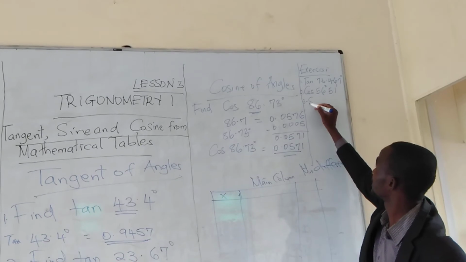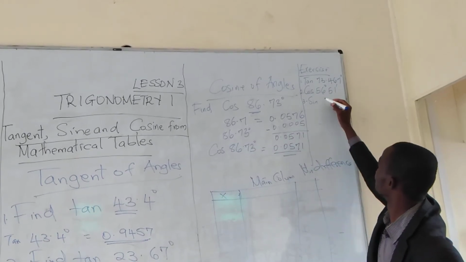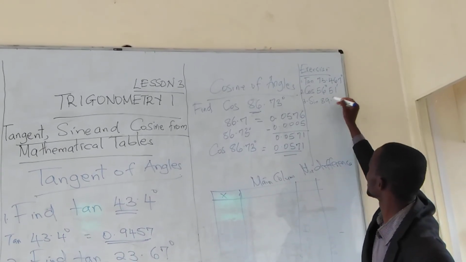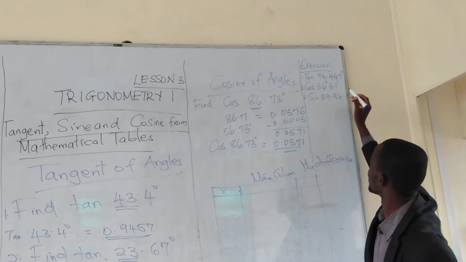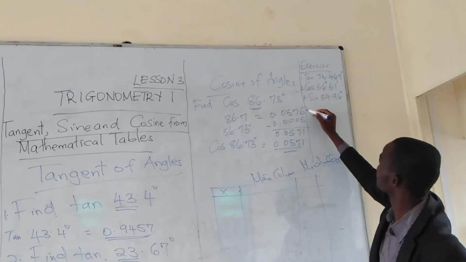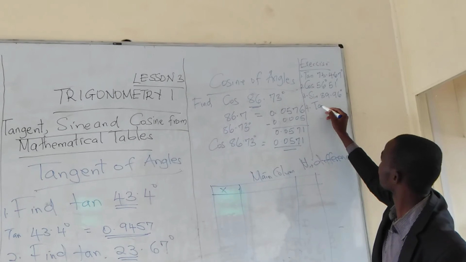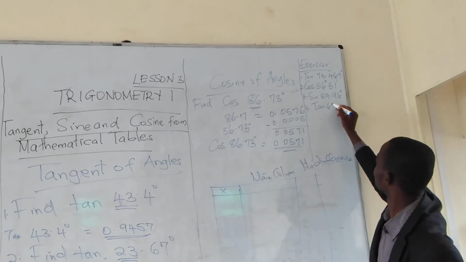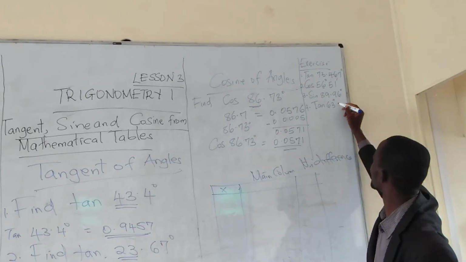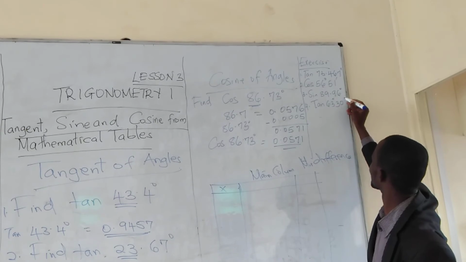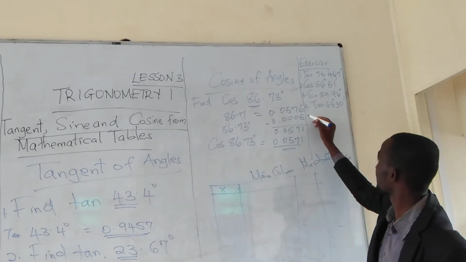I want you to find sine 89.96 degrees, tan 63 degrees 30 minutes.